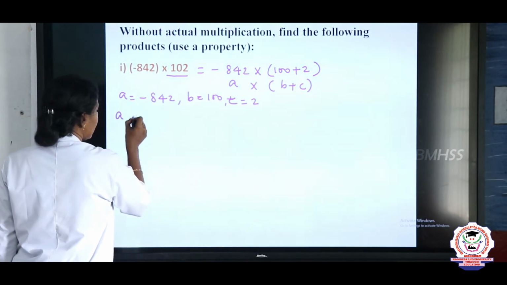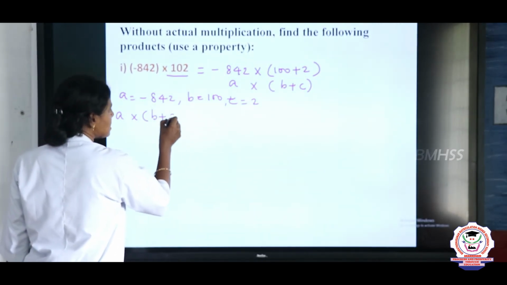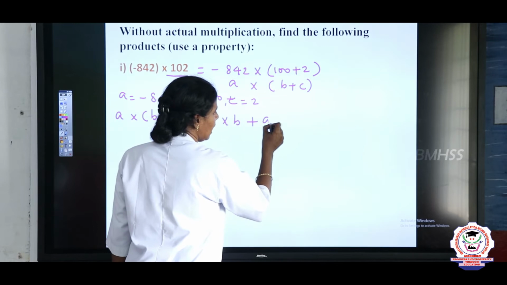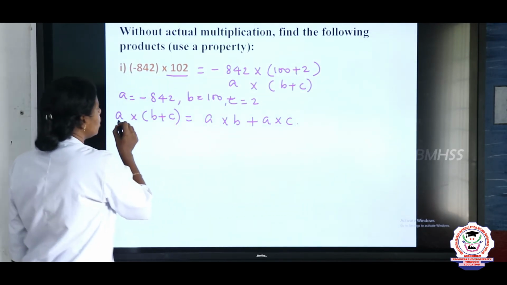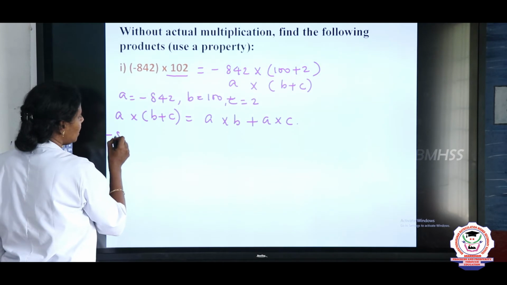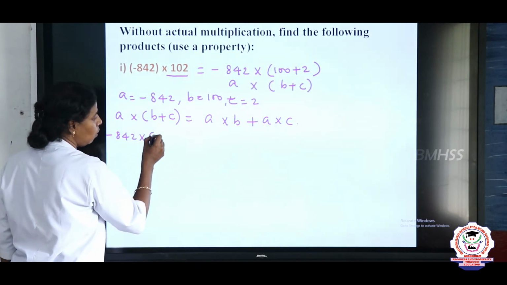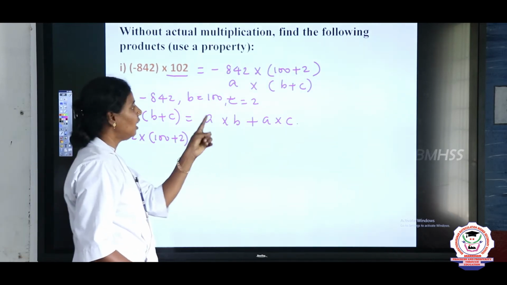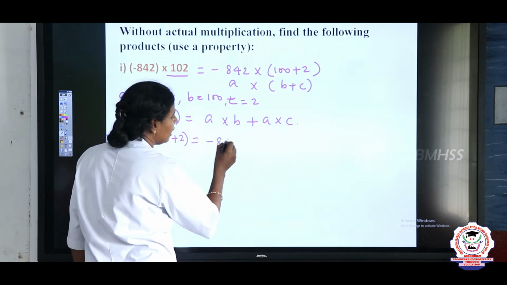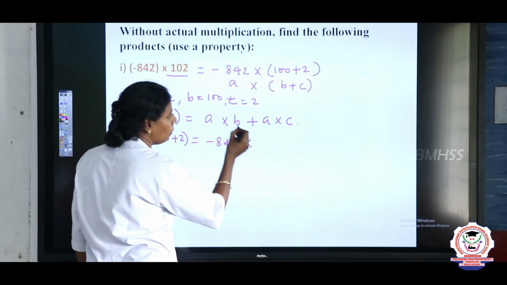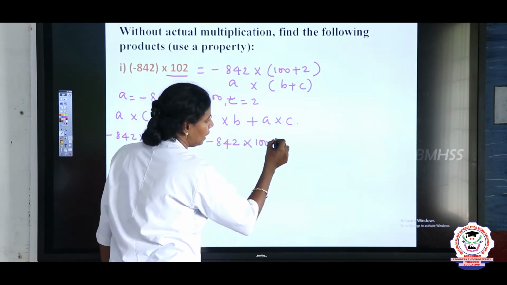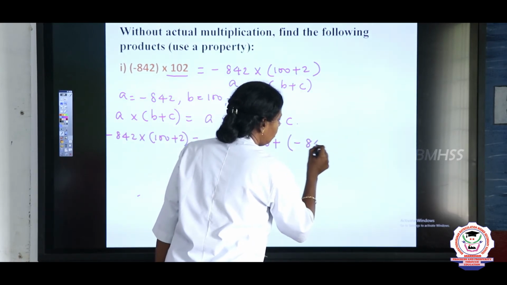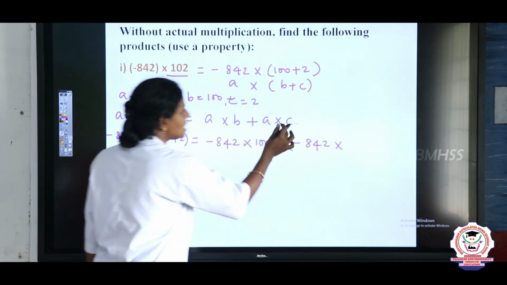Now, the formula is A into B plus C equals, by the distributive property, A into B plus A into C. So, the given question minus 842 into 100 plus 2 equals A into B. Here the A value is minus 842 into B value 100, plus again A into C. A value is minus 842 into C.